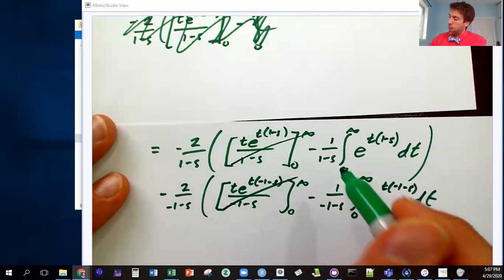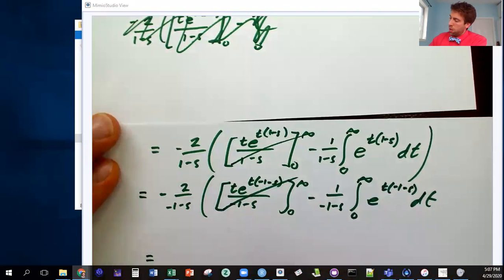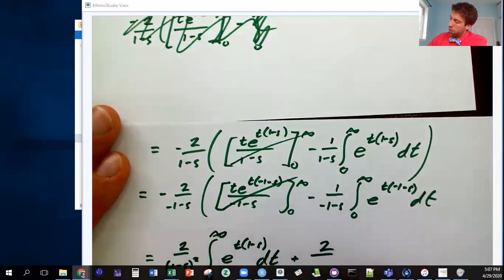And so I'm left with 2 over 1 minus s squared times the integral 0 to infinity of e to the t times 1 minus s dt, plus 2 over negative 1 minus s squared, integral 0 to infinity of e to the t times negative 1 minus s dt.